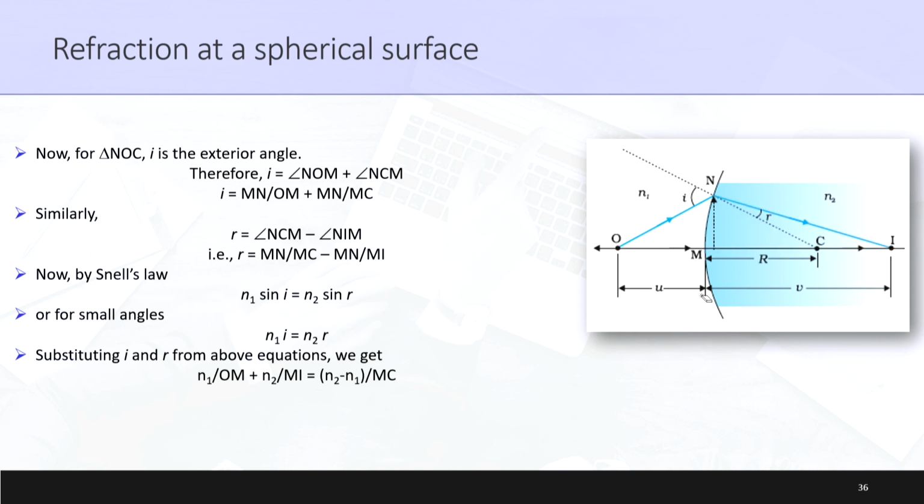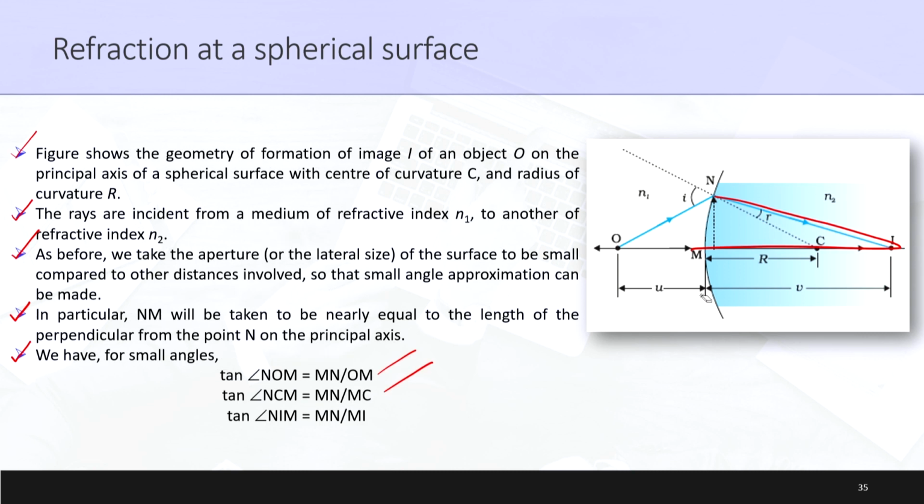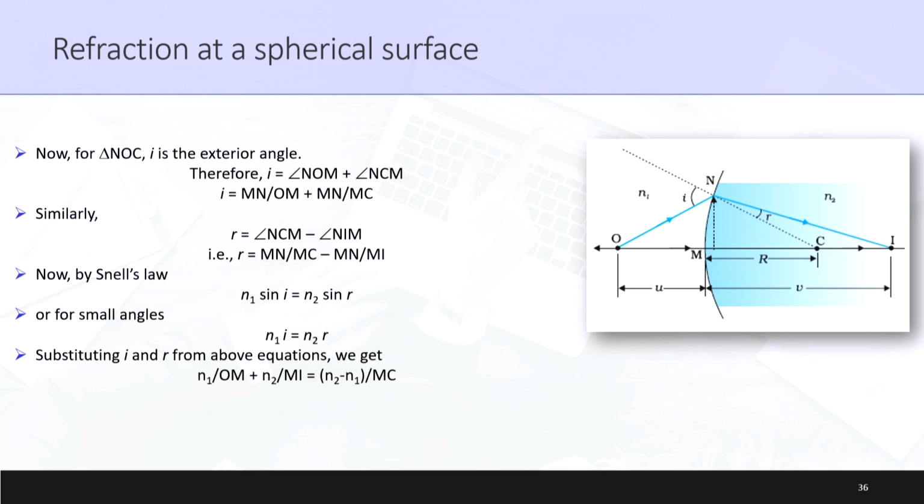Just substituting the values again, NCM is given as NM upon MC minus NIM, which is NM upon MI. Just substituting these two equations here, we are getting angle I and angle R. Now, from Snell's law of refraction, because refraction is happening, this angle R is not the angle of reflection, it is the angle of refraction.